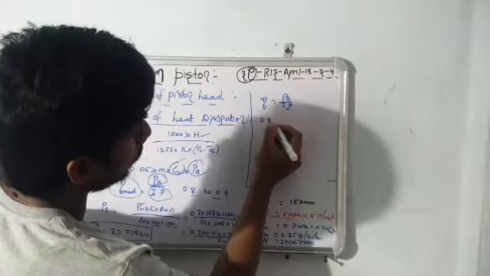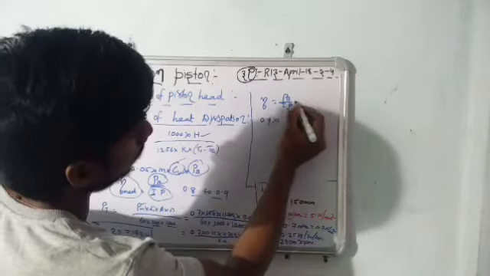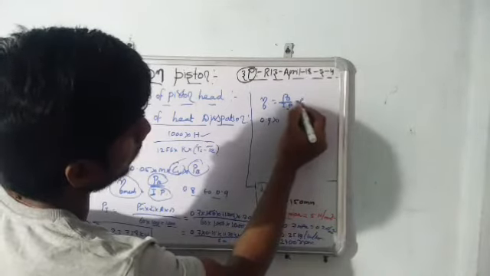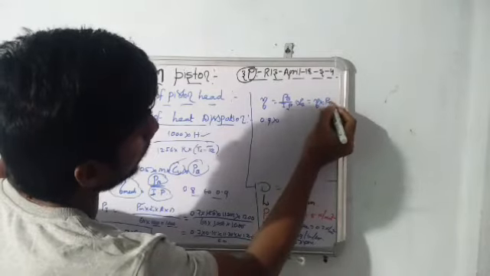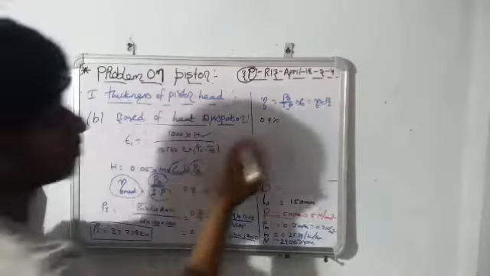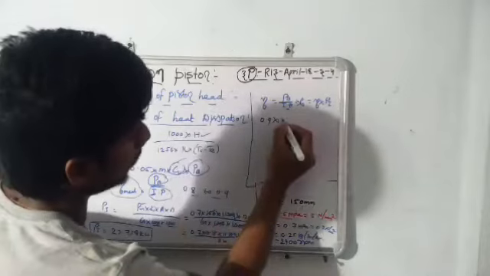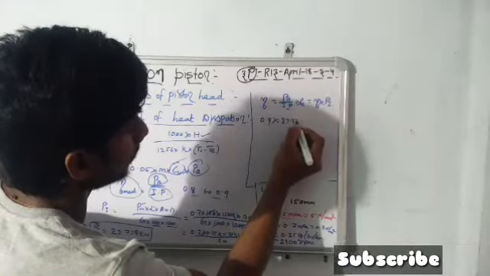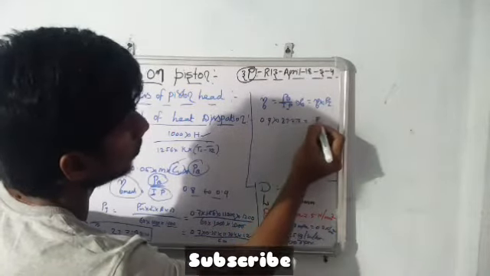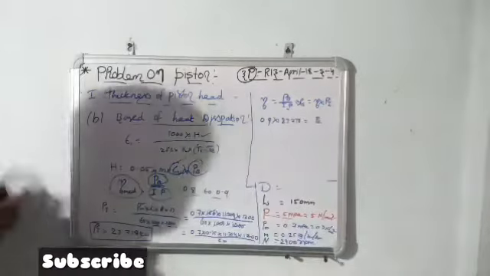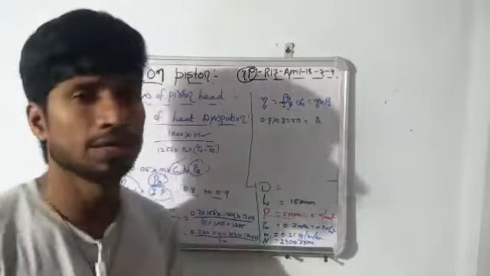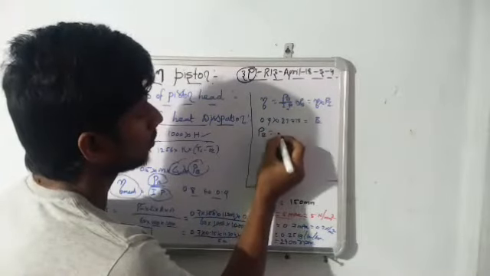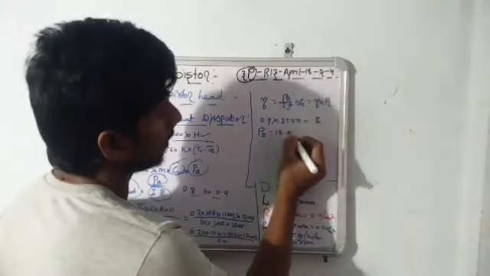Here I consider 0.9. So from this one, PB equal to efficiency into PI, the indicated power. So 0.9 into 23.738 is equal to PB. By simplifying this one, we get the brake power value: PB equal to 9 kilowatts.